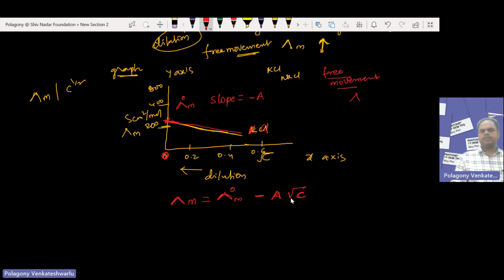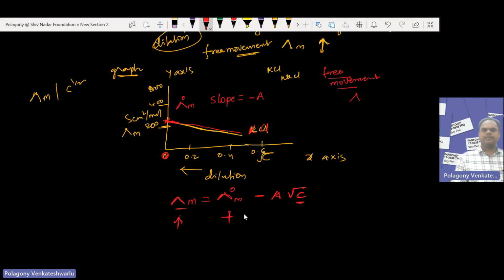We are plotting the graph against the square root of the concentration. Now the concentration of the electrolyte decreases upon dilution, and the molar conductivity is increasing. It will be intercepting at that point.